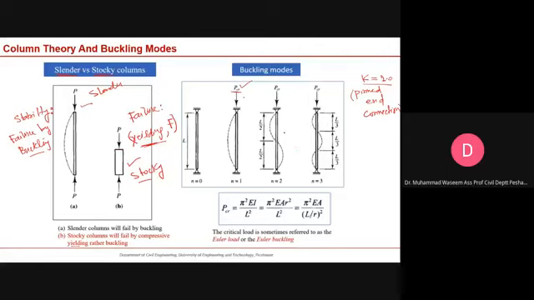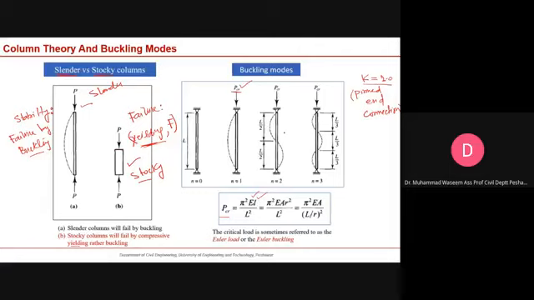Okay, now the point is how we can estimate the magnitude of the critical load. The critical load is the load which causes buckling in the cylinder column. And this critical load we can estimate by a formula known as the Euler formula. This Euler formula is a function of the modulus of elasticity and the length of the member.